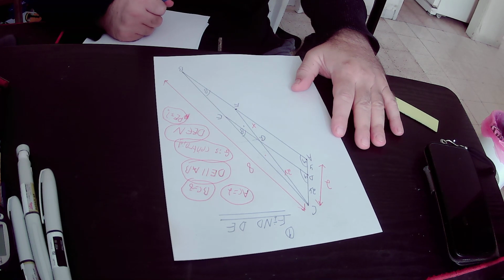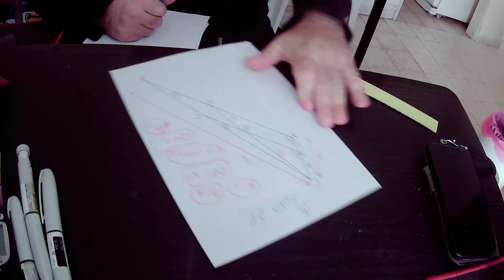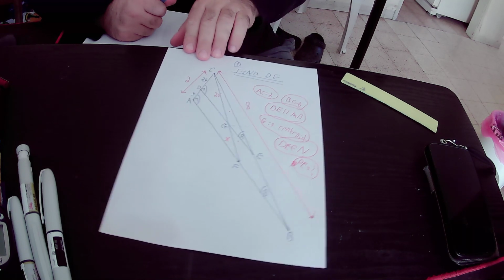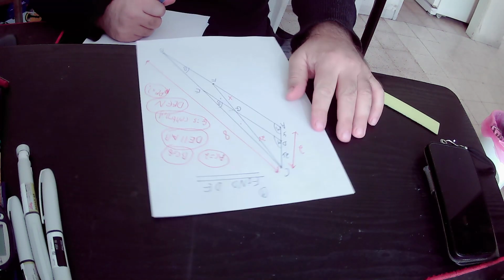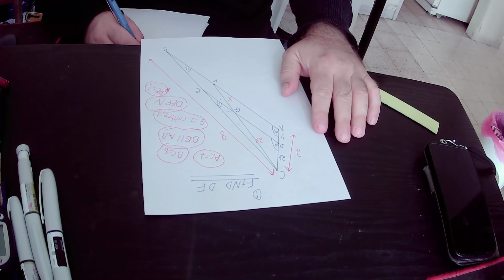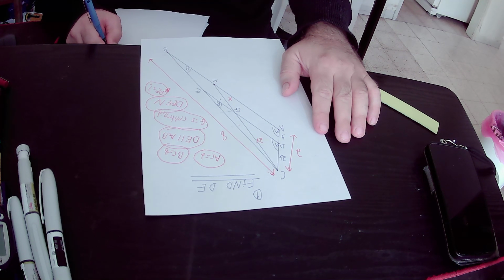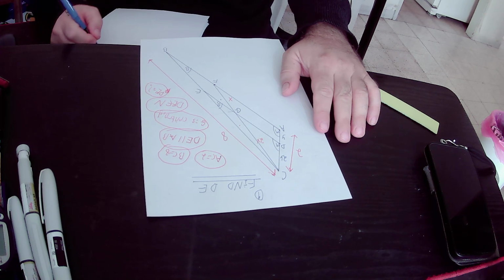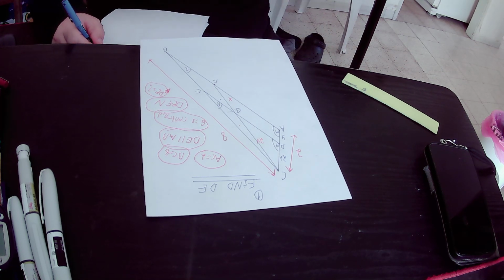So in the next step we will focus on triangles ACB, triangle ACB, and triangle CDE.